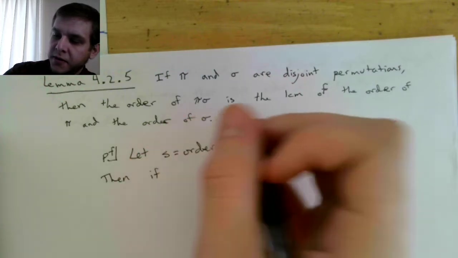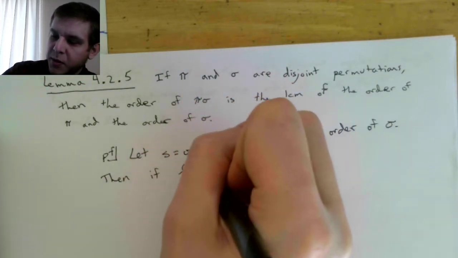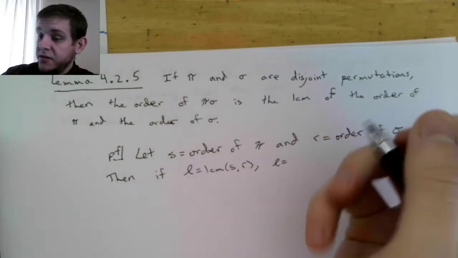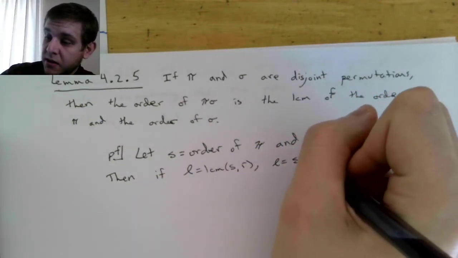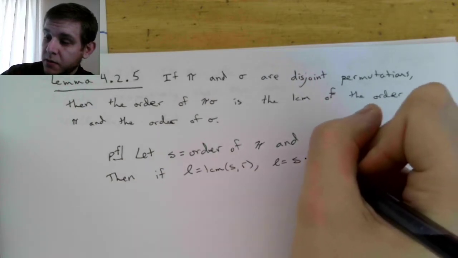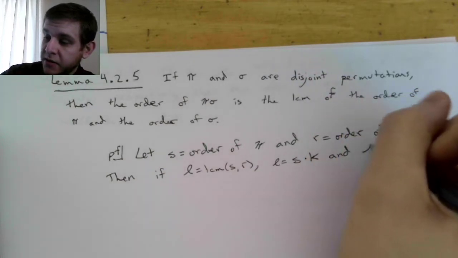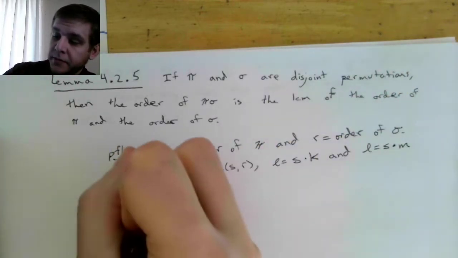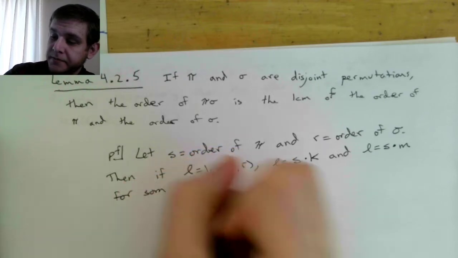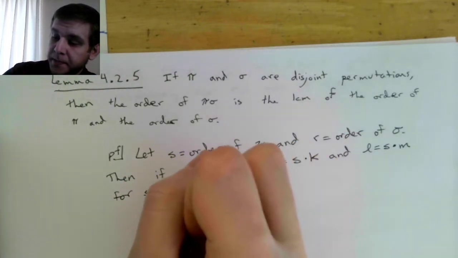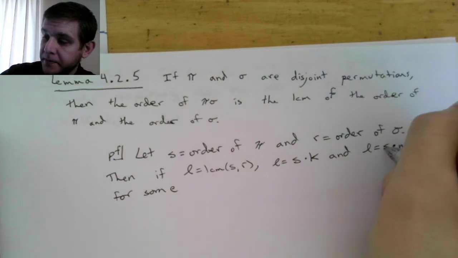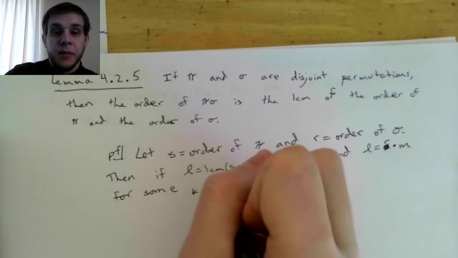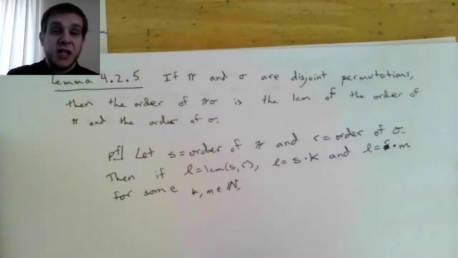Then if L is the least common multiple of S and R, L is S times K, and L is R times M for some K and M, which are natural numbers, right? That's just what it means to divide.